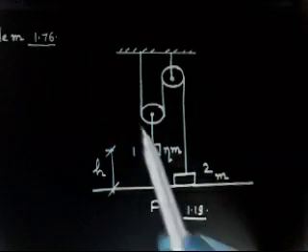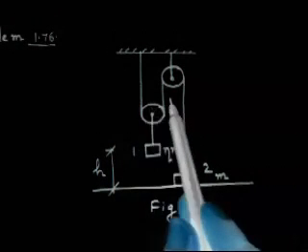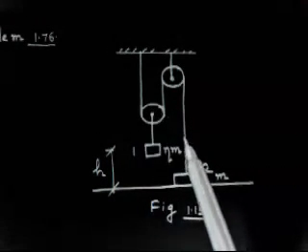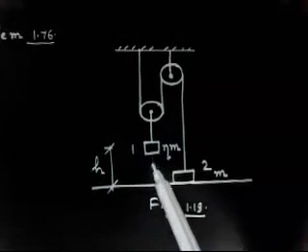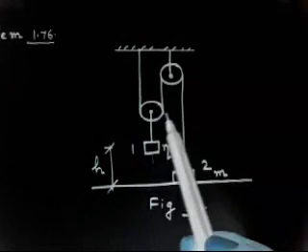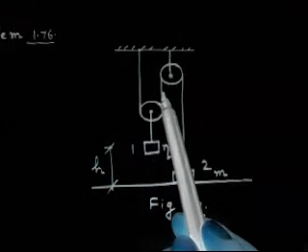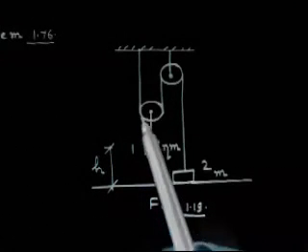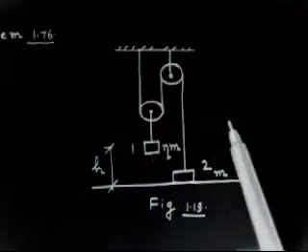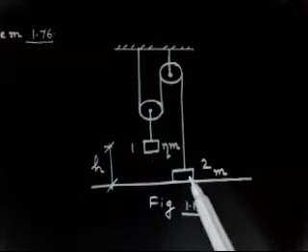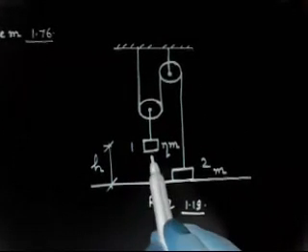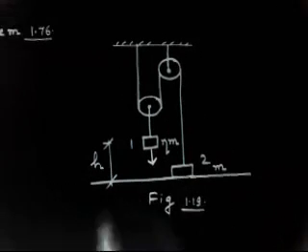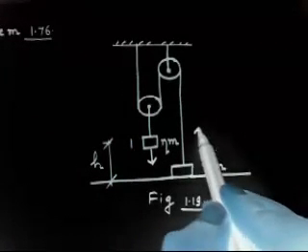So on this side 4 mg, and if you just release the system, there is a force acting in this direction, 4 mg. This will be divided into 2 mg, 2 mg. So the tension in this string is 2 mg. And now there is a force of only mg on the other side. So this will go up, this will go down. One thing is clear: this will go down and this will go up.